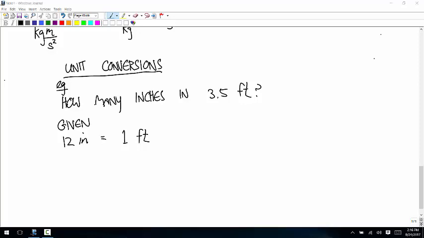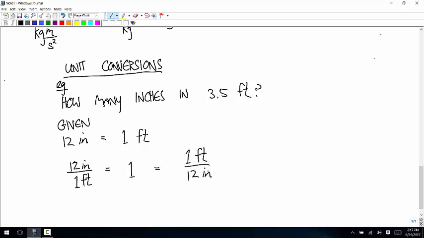Negative 6,000 divided by negative 6,000 is 1. So if you divide something by the equivalent thing, you always get 1. So we can think of 12 inches divided by 1 foot as being equal to 1. And we can also think of that as equivalent to 1 foot divided by 12 inches.